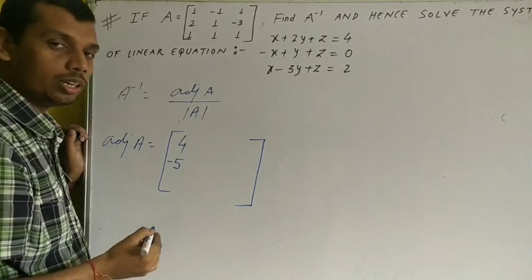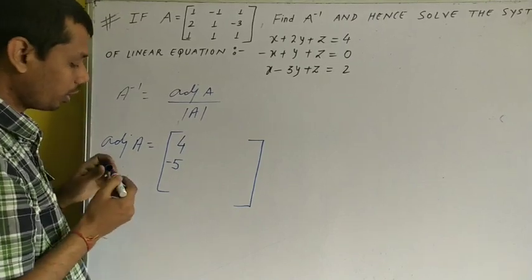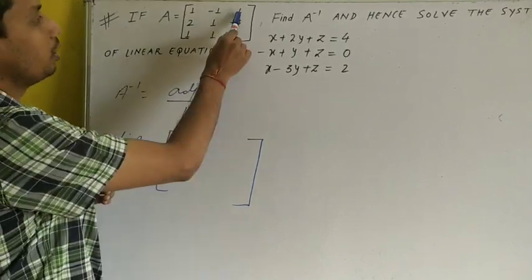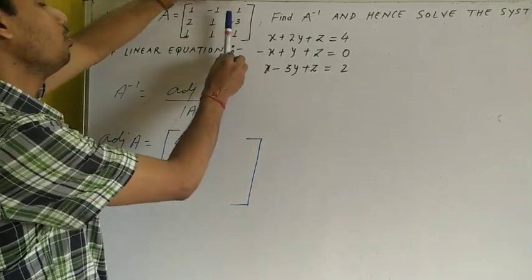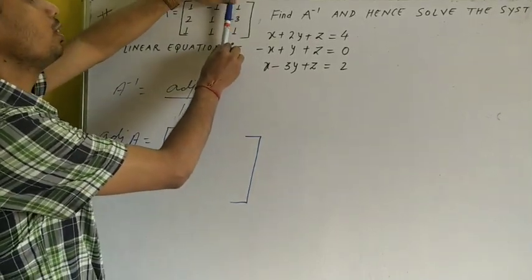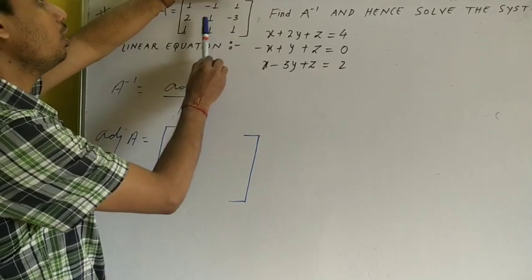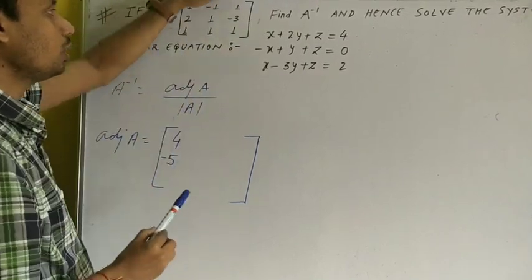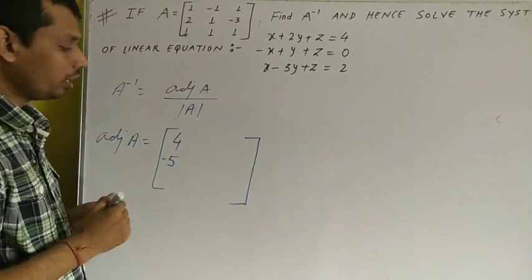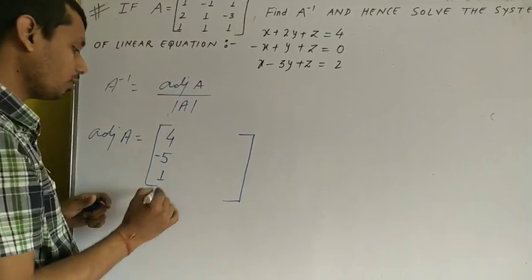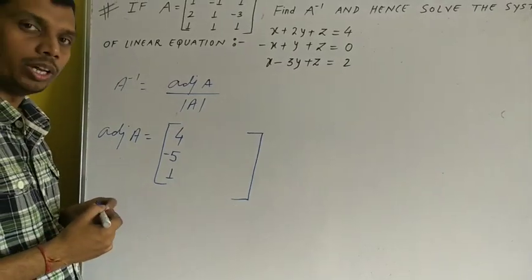So this will be minus 5. Now next, this one. Its position sign is plus. Now this element belongs to first row and third column, which we will not consider. 2 into 1 is 2, and 2 minus 1 is equal to 1. Its position sign is plus. So we will write plus 1.